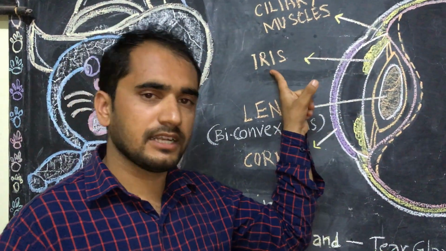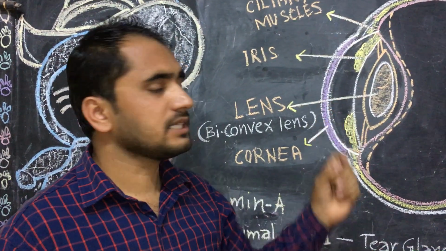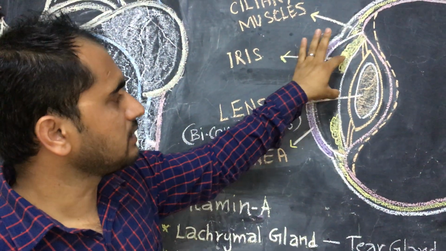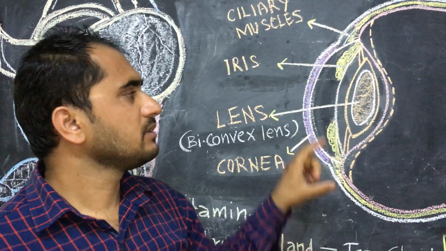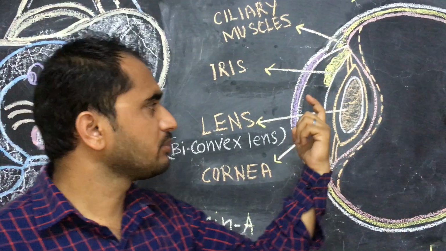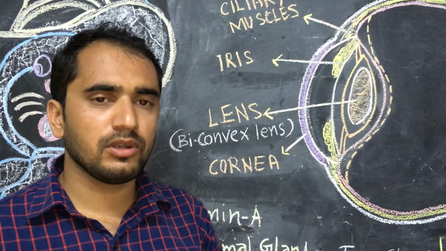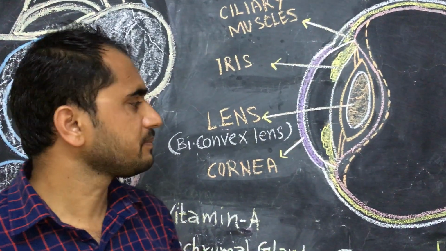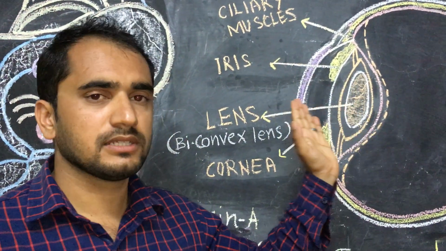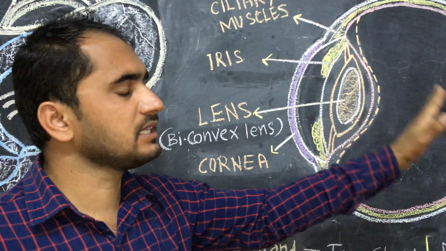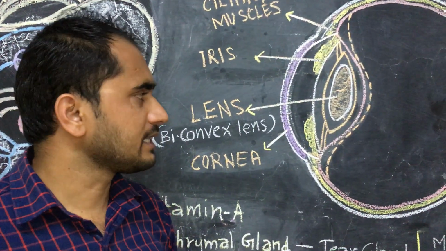The pupil, you can see here, is the opening between the iris parts. The pupil is the small opening of the cornea which allows light to pass into the eye and onto the lens so that it can focus it on the retina.